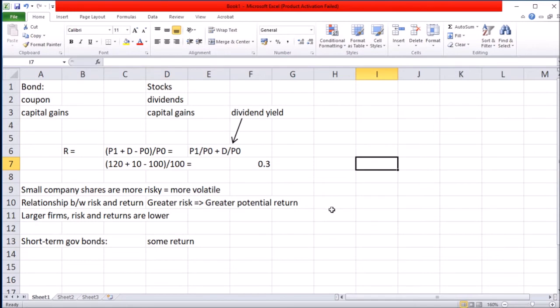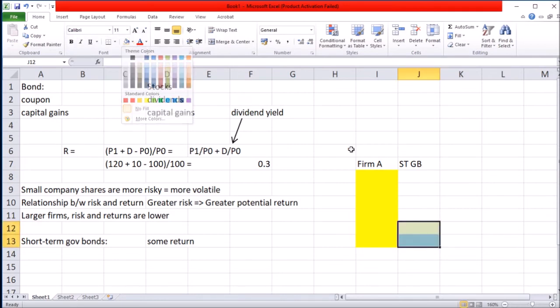So looking at a stock of company A, which let's say pays a return of this much, all of this amount is the return that you can get, whatever it is, 1, 2, 3, 4, 5, 6%. Compare that with the return from short-term government bonds, which is, let's say, 2%. That's a risk-free return.